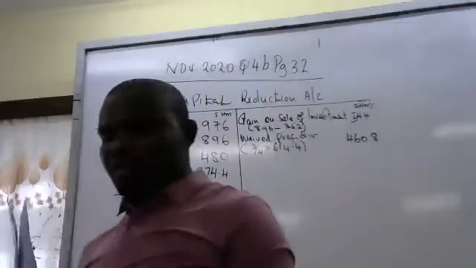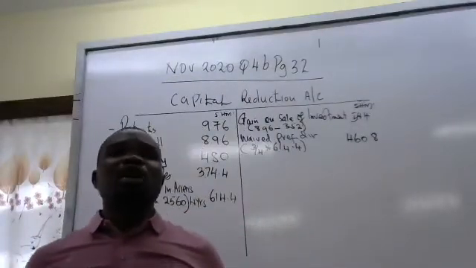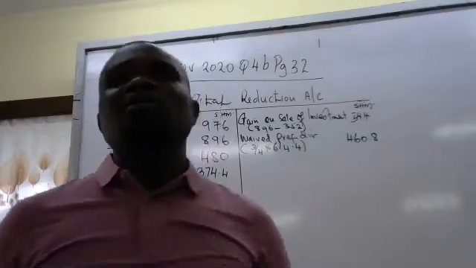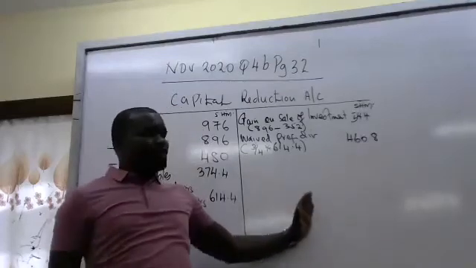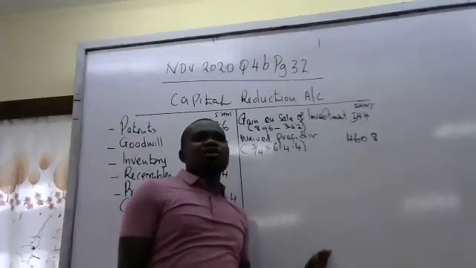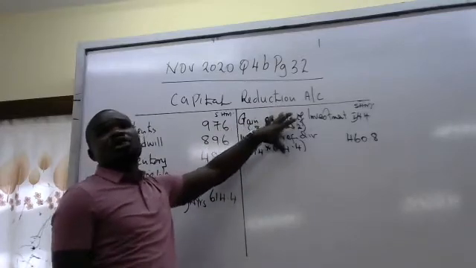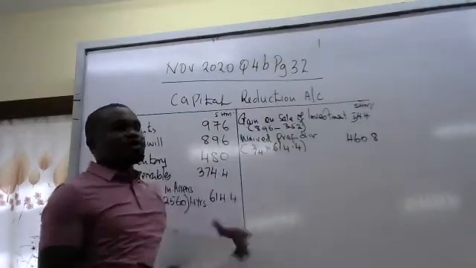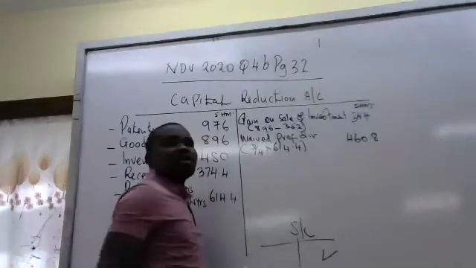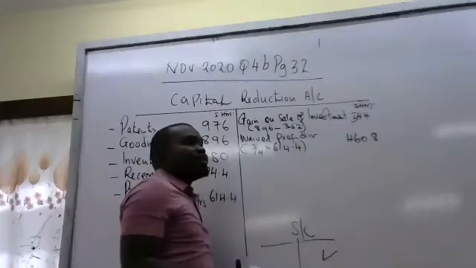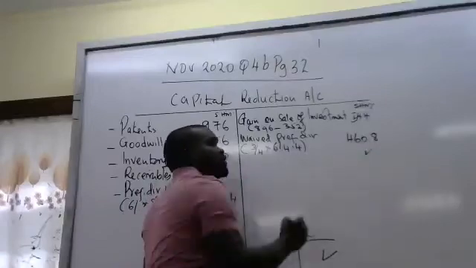The par value was 20. They have reduced to 15, so we are losing 5 per share. When you reduce, you debit the share capital account, then you credit capital reduction. Share capital normally has which end? Credits. So when you are reducing the value, you debit the capital account, then you credit capital reduction.